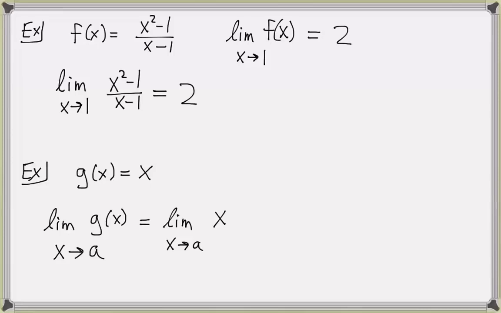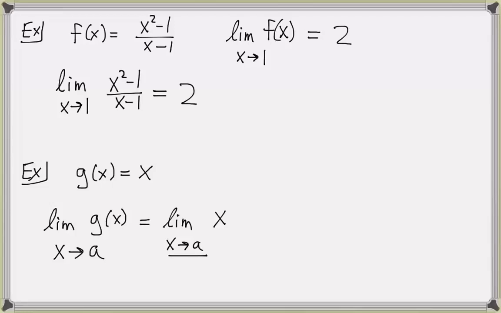So think about the definition of limits. We're trying to figure out what value x approaches, what number is x getting closer and closer to, that is the y-coordinate here. What value is x approaching as x gets closer and closer to a?